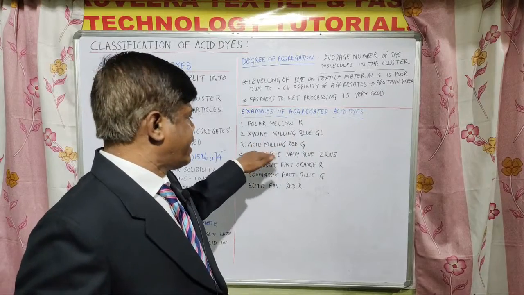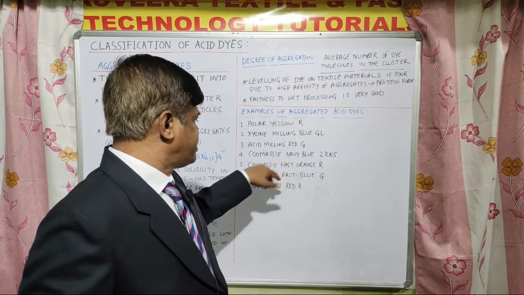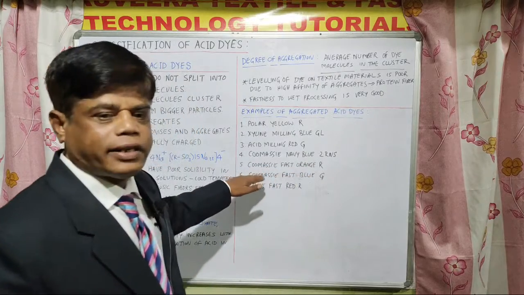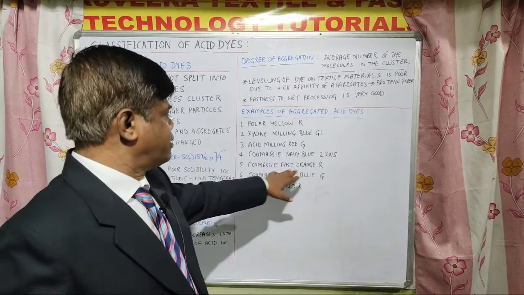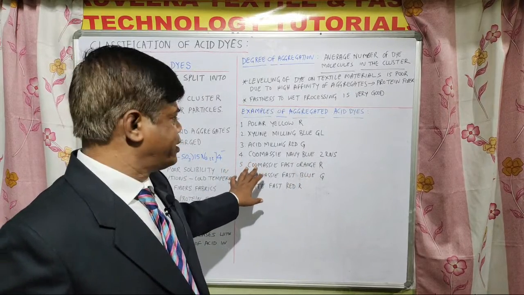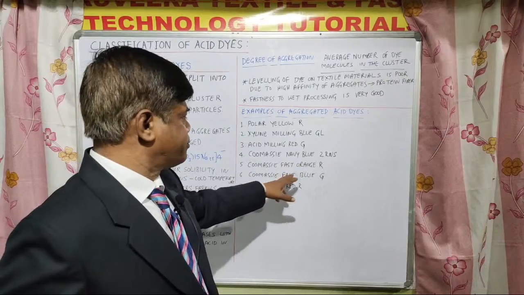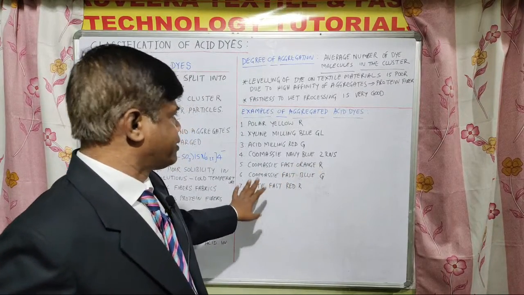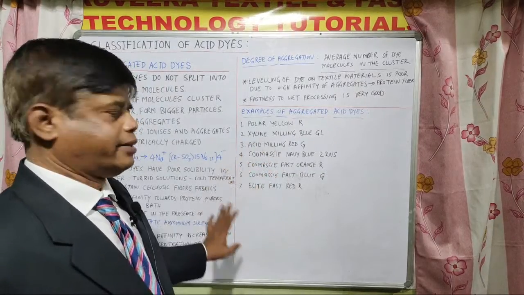As like that, Acid Milling Red G, Kumasi Fast Orange. Kumasi is a trade name or manufacturer name. This is orange, blue. Company name will be there or trade name will be there, or color name or symbol will be there. Alright, this is how the examples are.